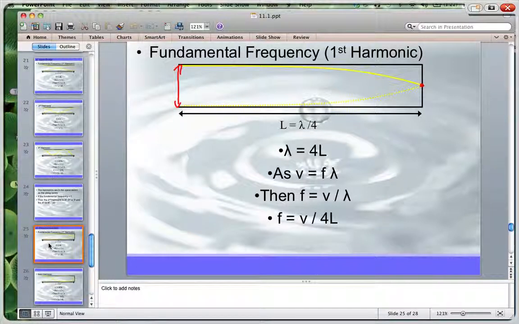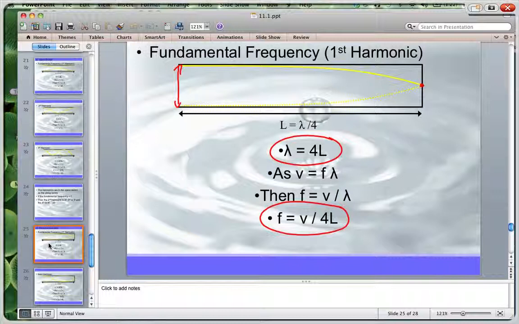Okay, where this is vibrating like this up and down. And so our first harmonic, we have lambda is equal to 4L. So our fundamental frequency is V over 4L. Are you okay with that?